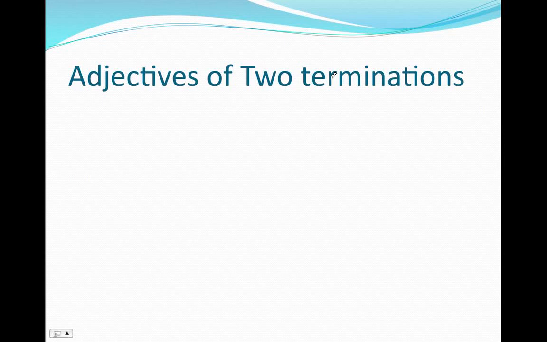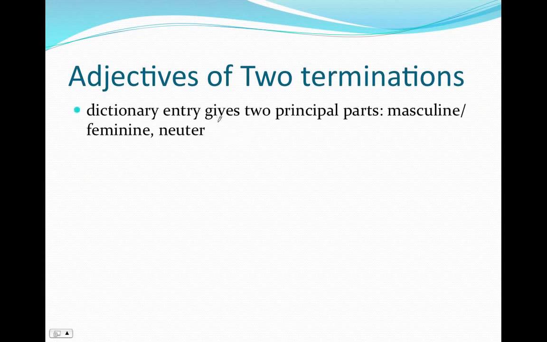If we can have adjectives of three terminations, we can also have adjectives of two terminations. There are two terminations because the dictionary will give you two principal parts: a masculine and feminine form, which are the same, and a neuter. For example, gravis, grave, heavy. Gravis is masculine and feminine, and grave is neuter. We get our stem by dropping off the is: grav.